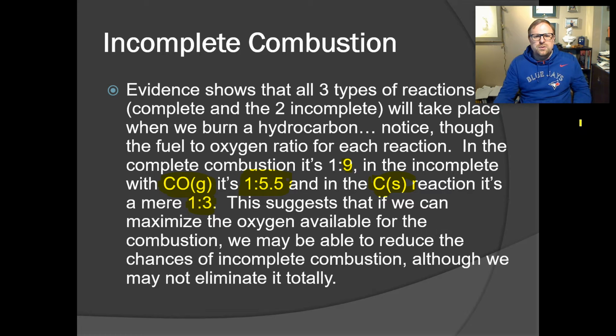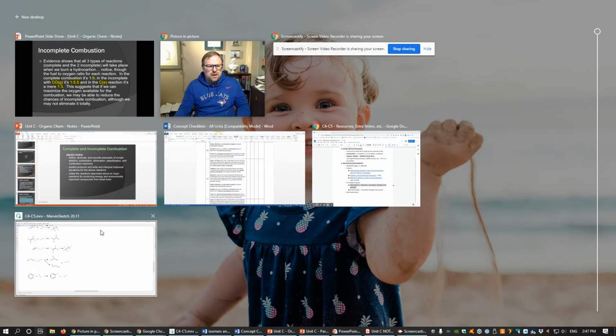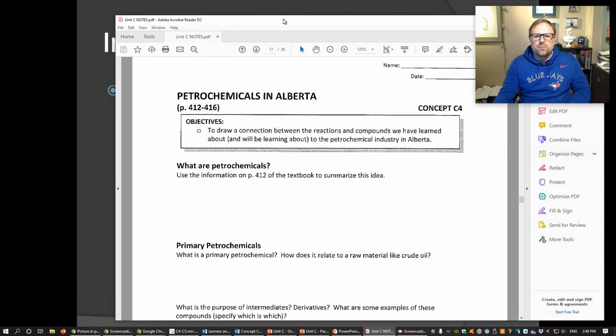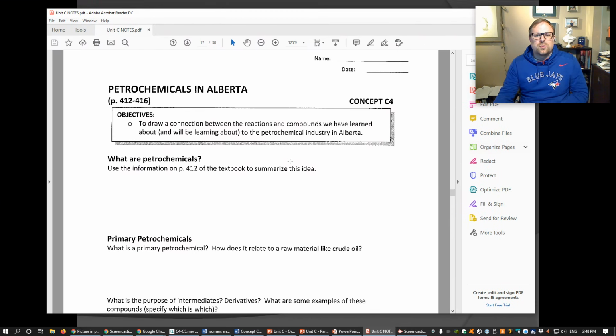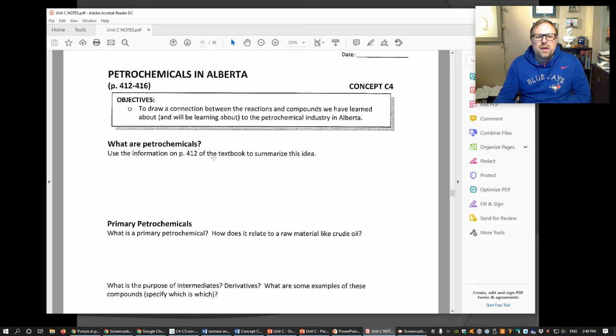Now, what I'm going to do is jump really quickly to your notes, which I have minimized. Oh, there they are. Okay, I'm going to drag them over, and I want to show you your notes. This is the second half of Concept C4, and again, you've got a little bit of fill-in-the-blank work to do. Using pages 412 to 416, I want you to go through and have a look at what's in your textbook starting on page 412.